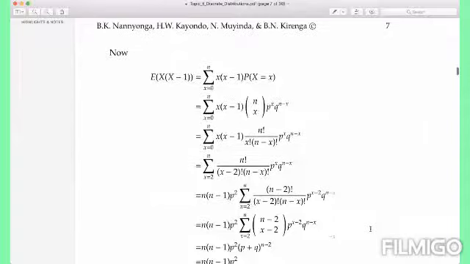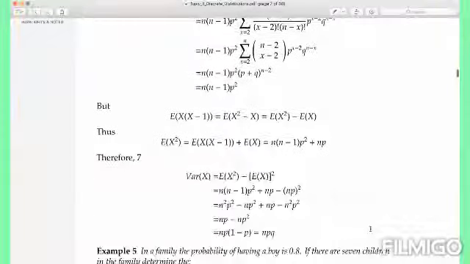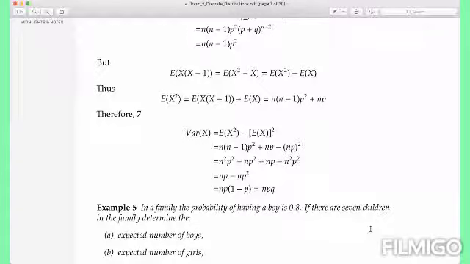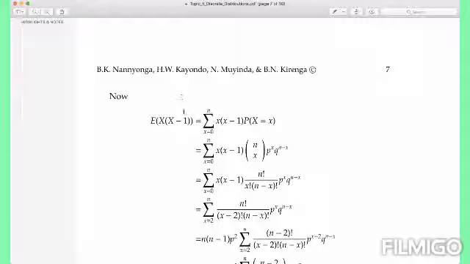Yeah, it is challenging to use the definition of variance to get the variance of a binomial, but it can be done with ease. So the definition of variance is here, but now we need this expectation of x squared, but it's not easy to get. That's why I have to do it via this.